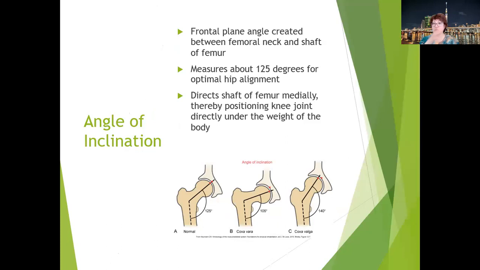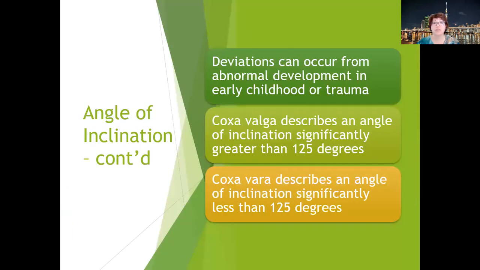So whatever childhood trauma or developmental issue caused that, it's a greater angle of inclination than 125 degrees. Coxa vara is an angle of inclination that is significantly less than 125 degrees. So store that little nut away in your brain, and then when we talk about the knee structures, we will put these all together.